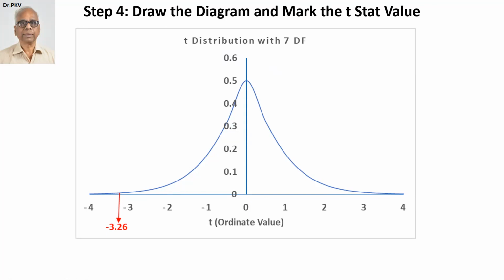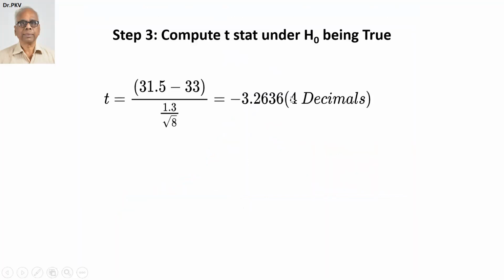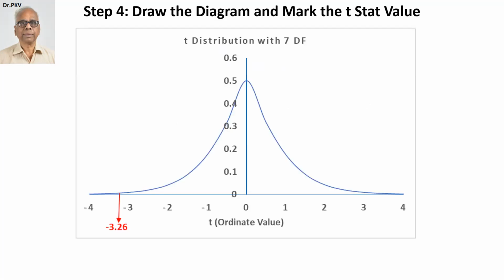Now, we have marked the t-stat that is computed in the previous step, minus 3.2636. I just put minus 3.26 for clarity in the diagram, but I'm keeping minus 3.2636 for computing the probability for better accuracy, while displaying only minus 3.26 in this diagram.